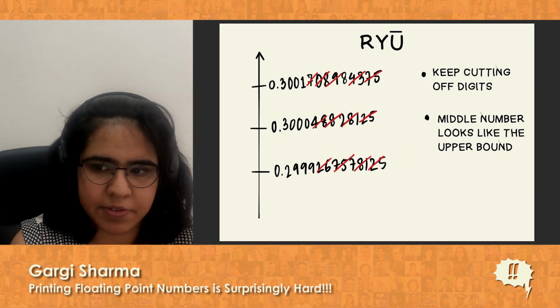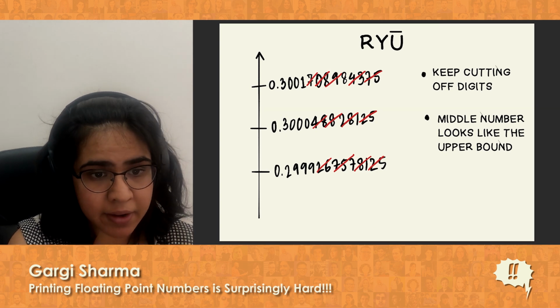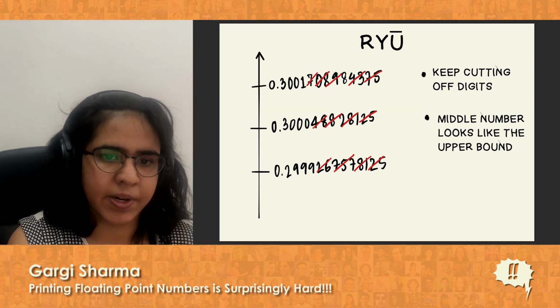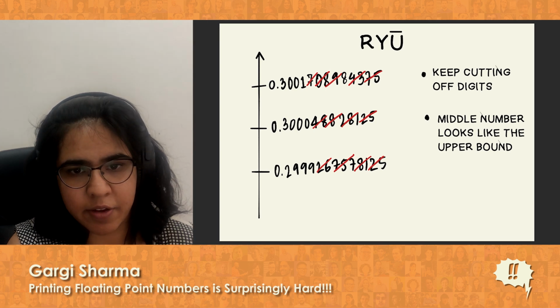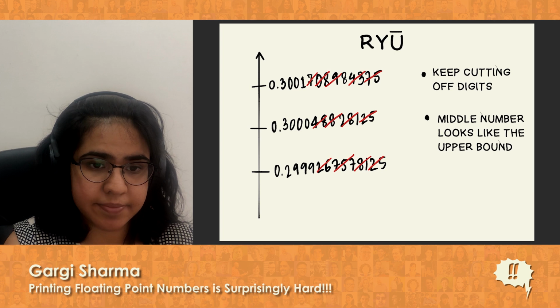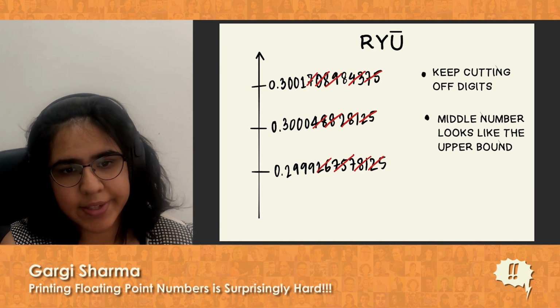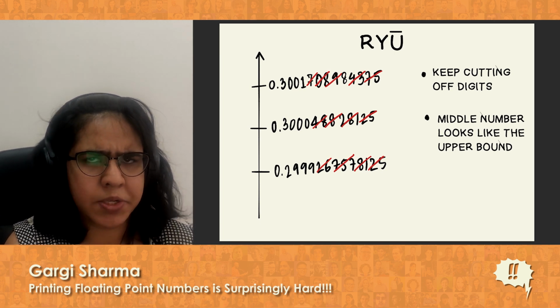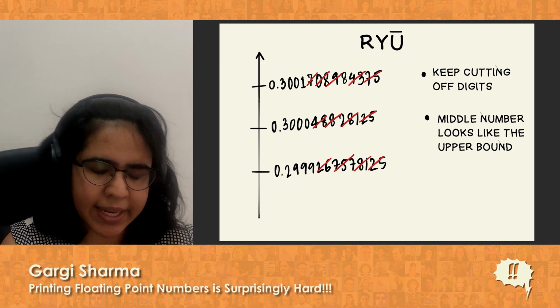So Python uses a different algorithm, and the newest algorithm in the land of printing floating point numbers is called Ryu, which came around in 2018.